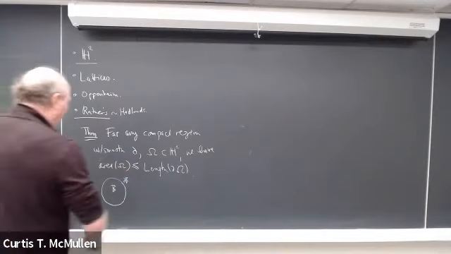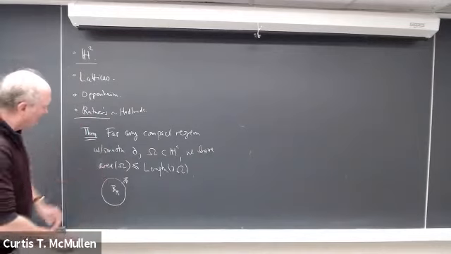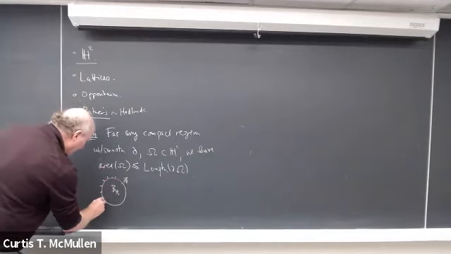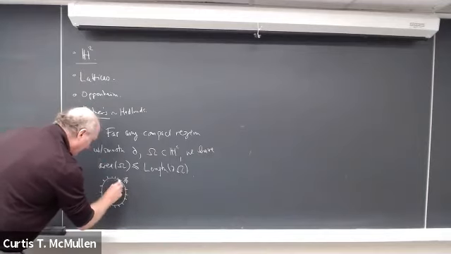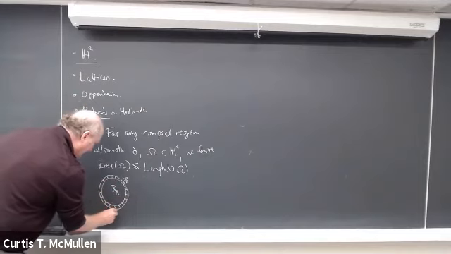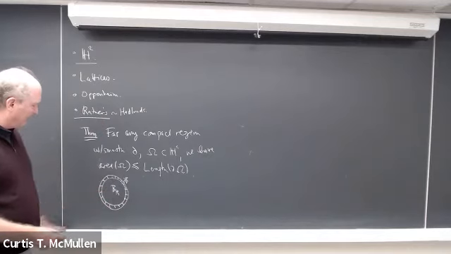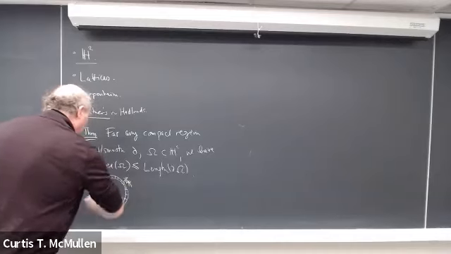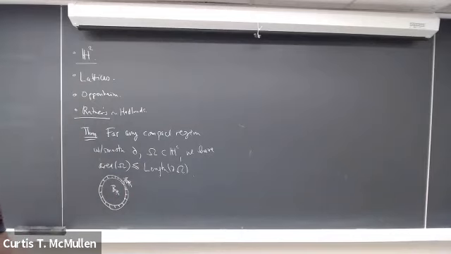In fact, if you take the ball of radius r and you increase r slightly, then what you add to the ball is a small strip of height delta r, and whose length is the length of the boundary of the ball. And so here we have the area of the ball, and here we have the length of the boundary.